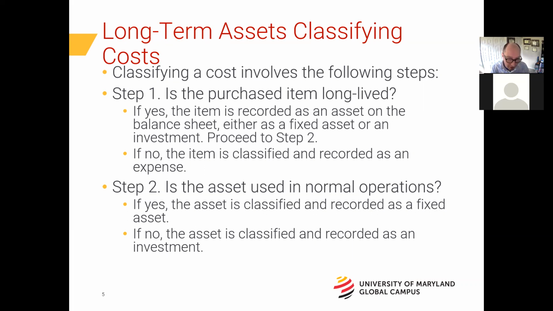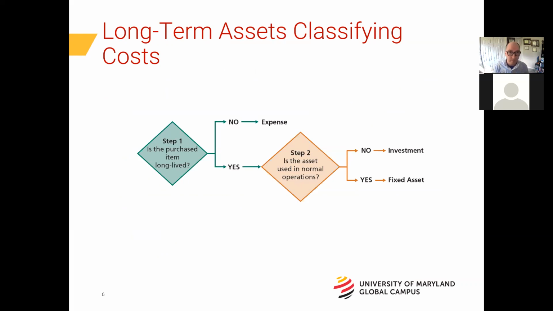If the asset is used in the day-to-day operations of the business to generate revenue, we record the asset as a fixed asset on the balance sheet. If not, then the asset is classified as an investment. This slide represents the decision tree of both step 1 and step 2.